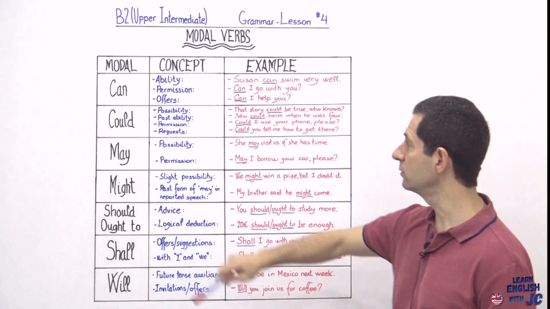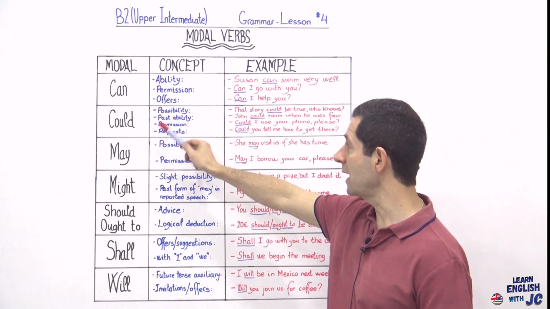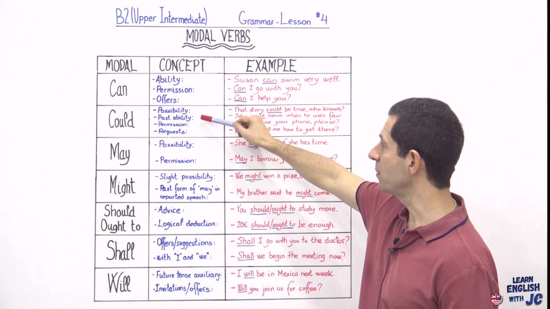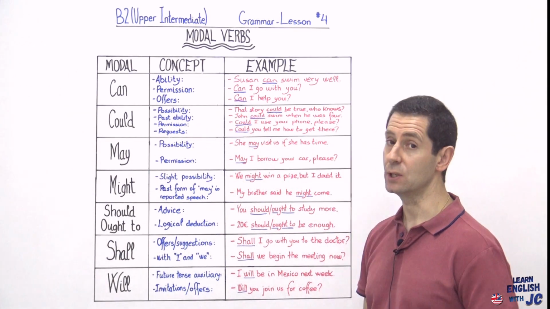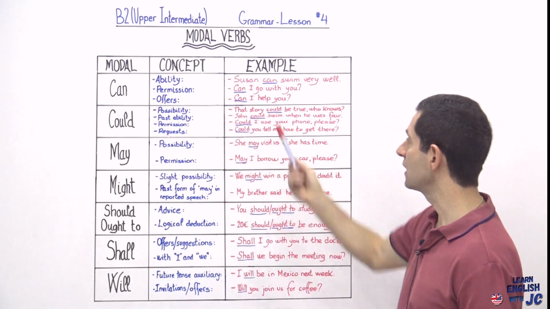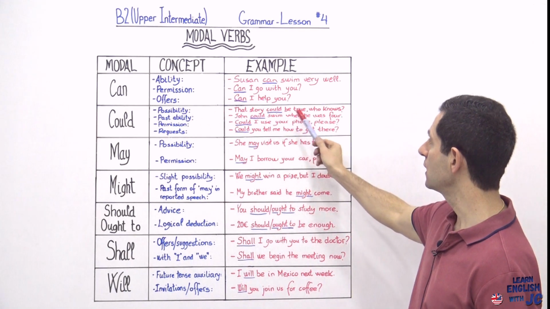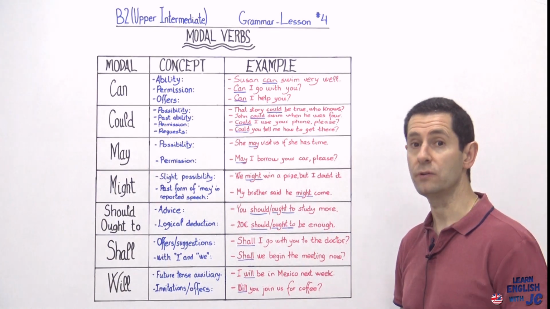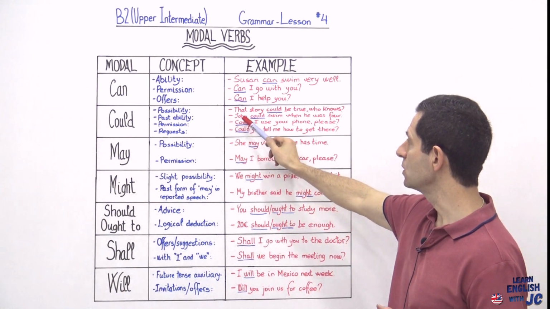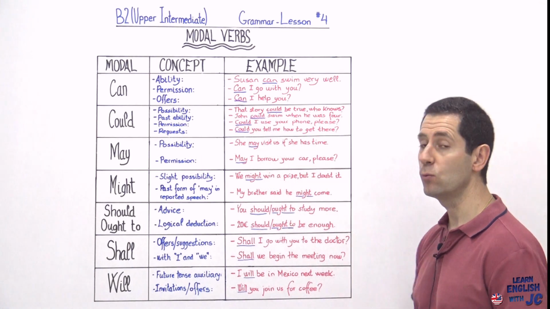All right, let's move on to could. Could has 4 uses instead of 3. We have possibility, past ability, permission, and requests. Let's see each one of those. Possibility, we would say, for instance, that story could be true. Who knows? That story could be true, but who knows? A past ability, for instance, John could swim when he was 4.